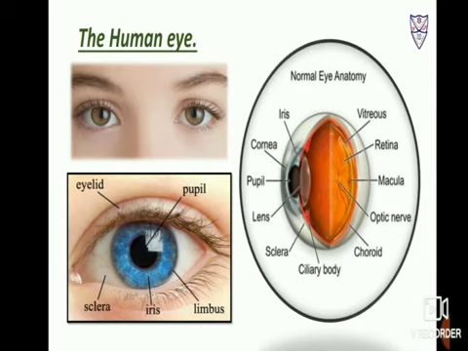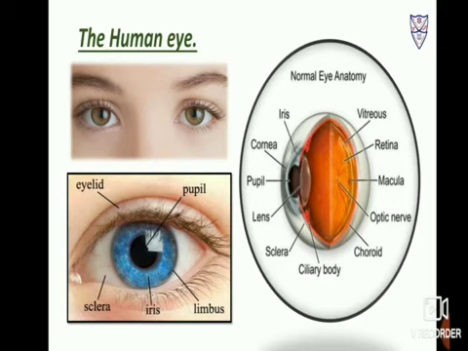Sclera is the outermost covering of the eye and it is made up of white, tough, fibrous tissue. Now what is the function of sclera? It is to protect the vital internal parts of the eye.